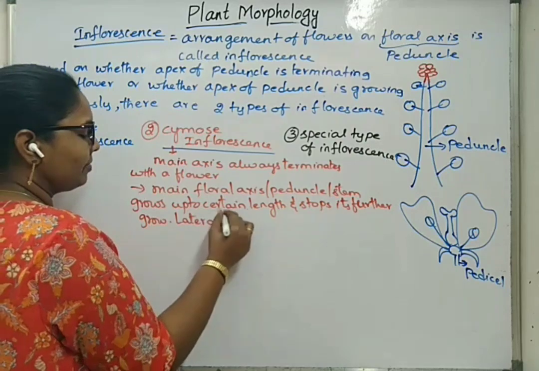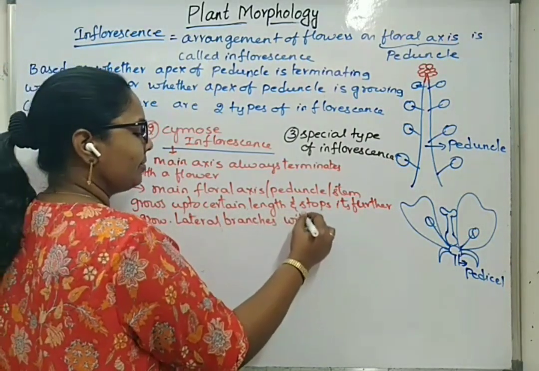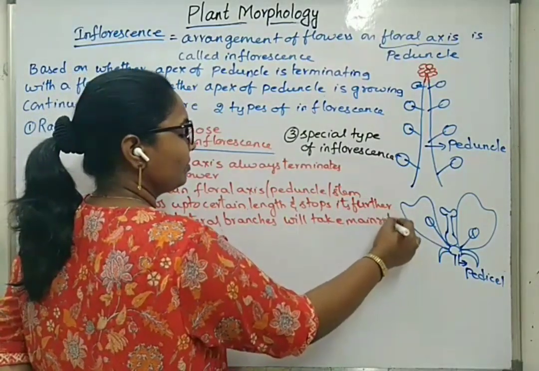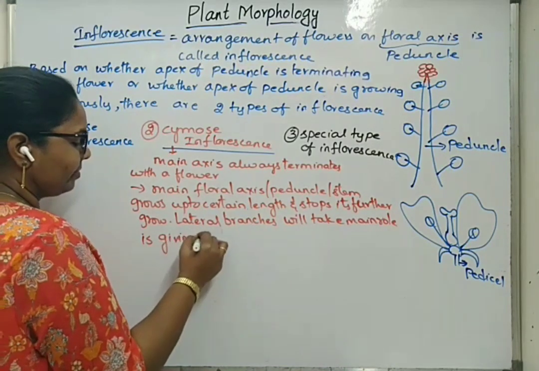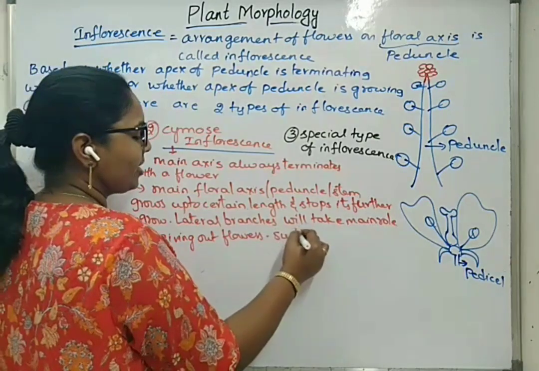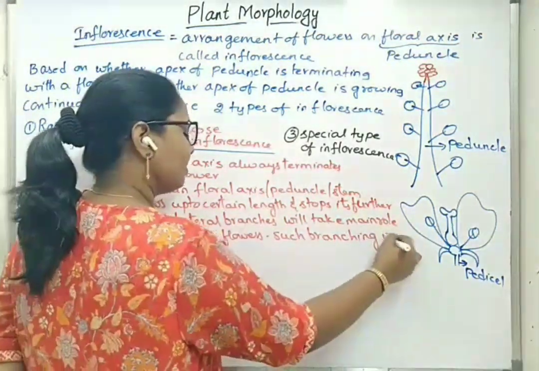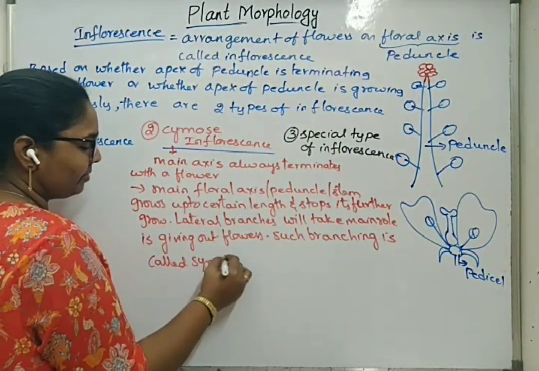Lateral branches will take main role in giving out flowers. Such branching is called sympodial branching.